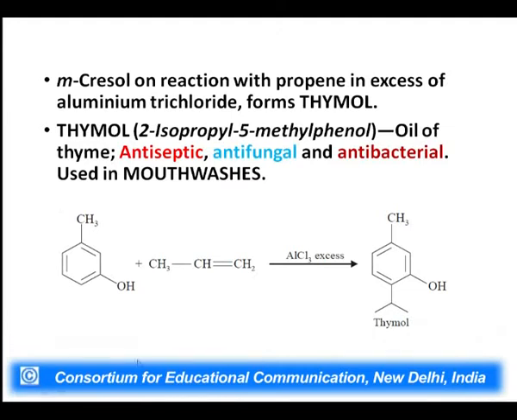So when we do this reaction, this propene generates a secondary carbocation, which is the isopropyl carbocation, and then this isopropyl carbocation attacks at the ortho position to the OH group. Now we know that this OH is more activating as compared to the methyl group.